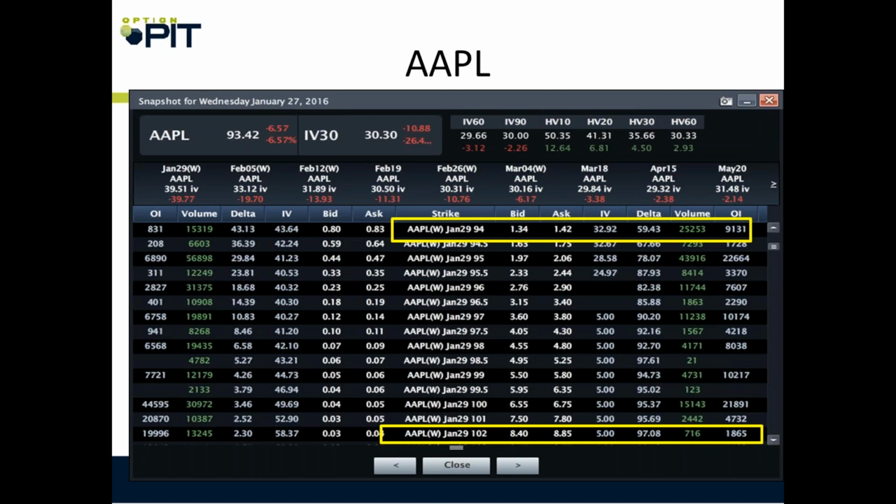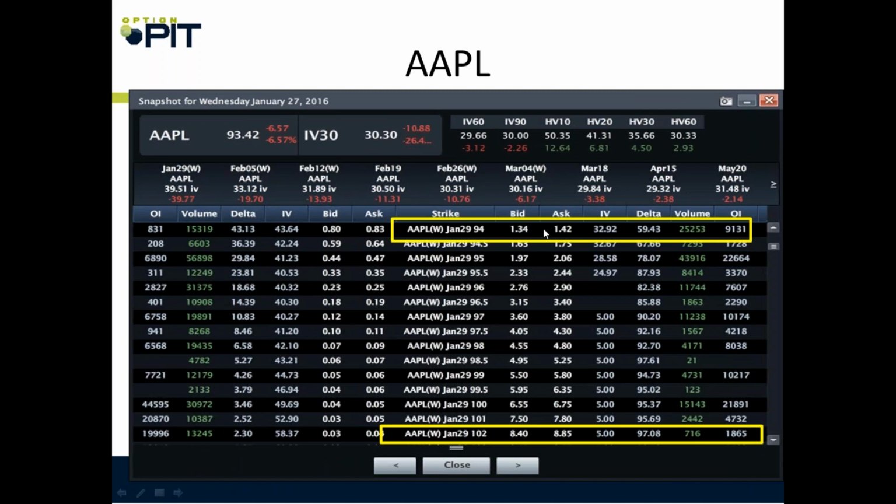Meanwhile, my 94s only pick up 60 cents. So even though they were now in the money, and Apple absolutely tanked, my puts here didn't do that much for me. They weren't that great.